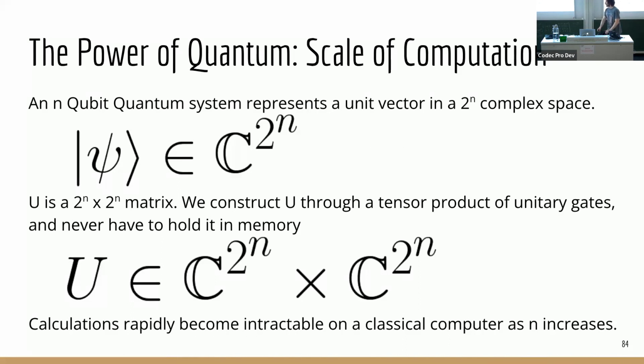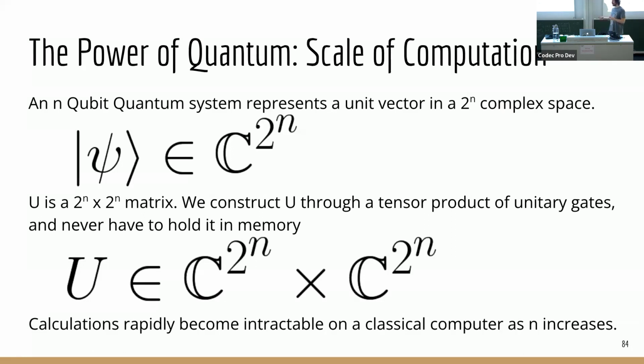And the really critical thing to emphasize is that we never have to hold this U in classical memory. When we are constructing this quantum circuit and applying these transforms to physical qubits, you can think of U as being stored in Mother Nature's computer, so to say. Nature is taking care of all of these calculations for us. And this is something that we can use to our advantage.